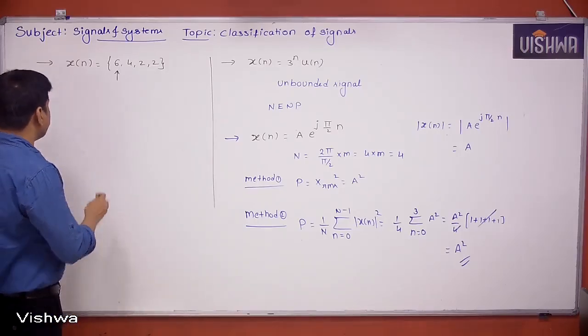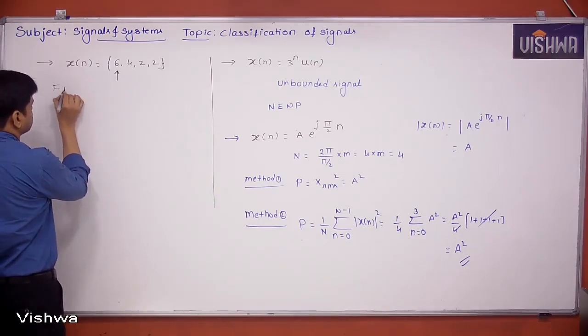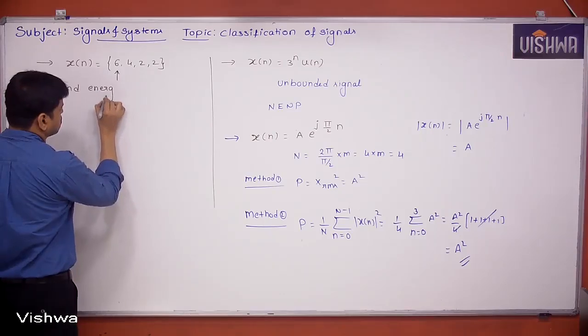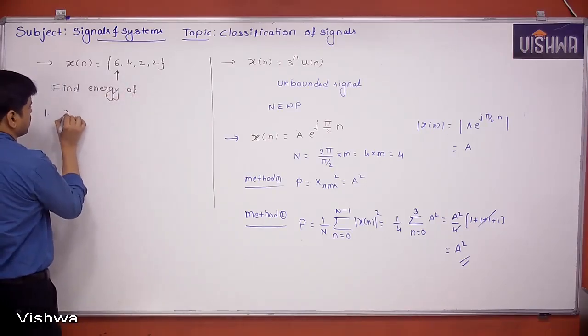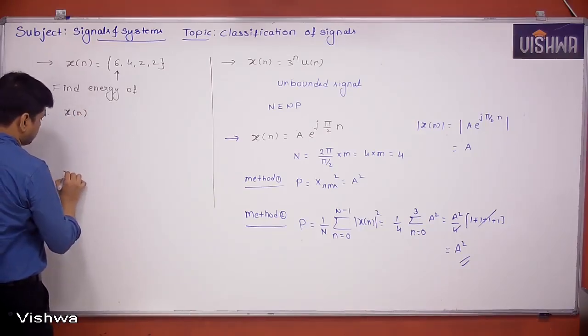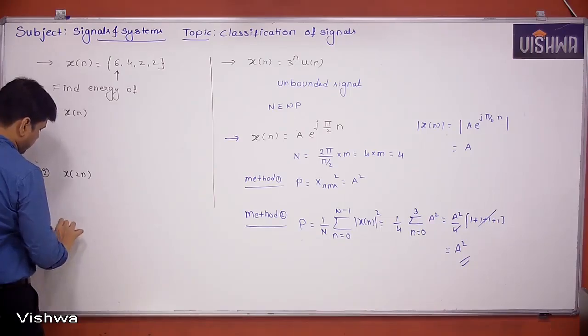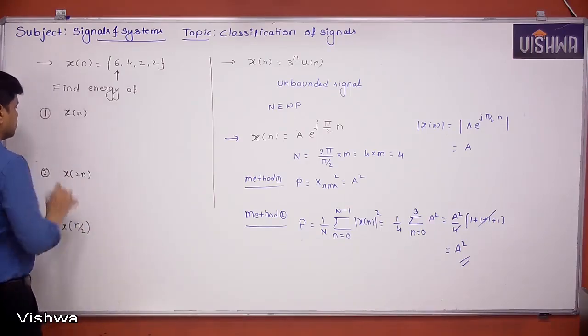Now try to find the energy of x of n. First question, x of n. Second question, x of 2n. Third question, x of n by 2. For these signals we have to calculate the energy.